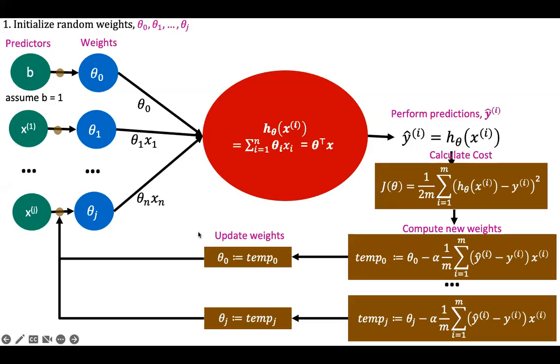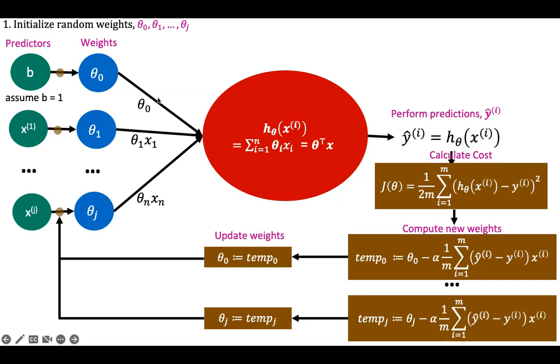So this is the high level description of gradient descent, and this is also the algorithm that you have to implement. It is an iterative optimization algorithm wherein you keep iterating, you keep updating the weights until such time that we obtain the weights that are optimal, that will give us the least errors in the prediction.